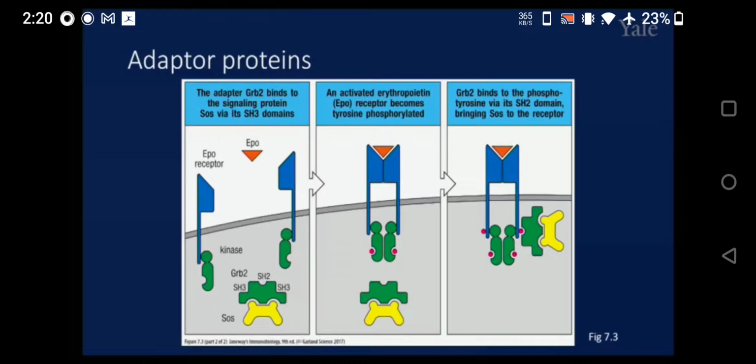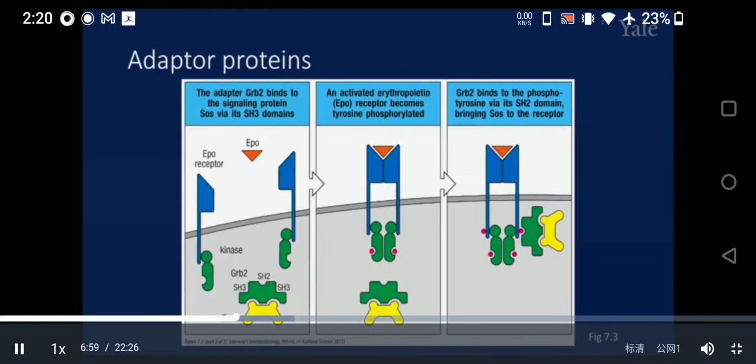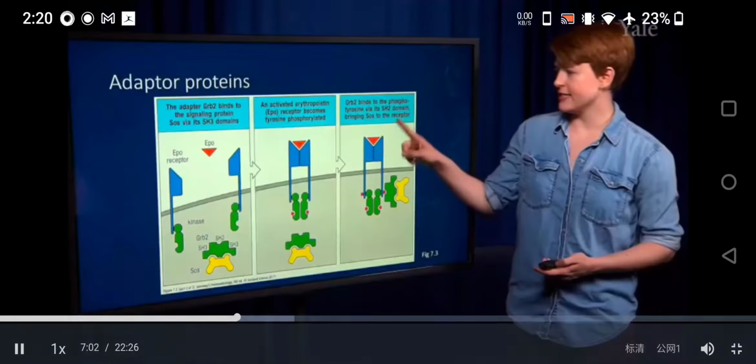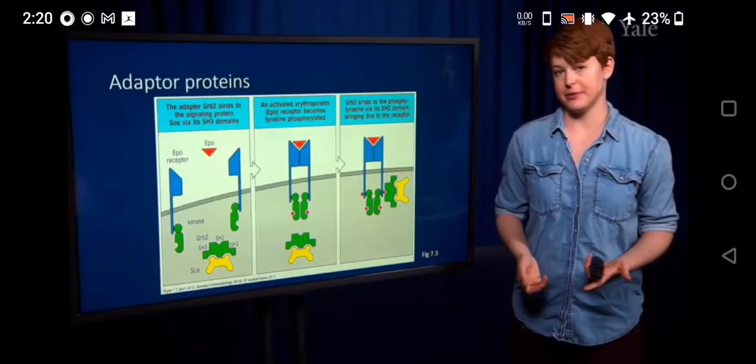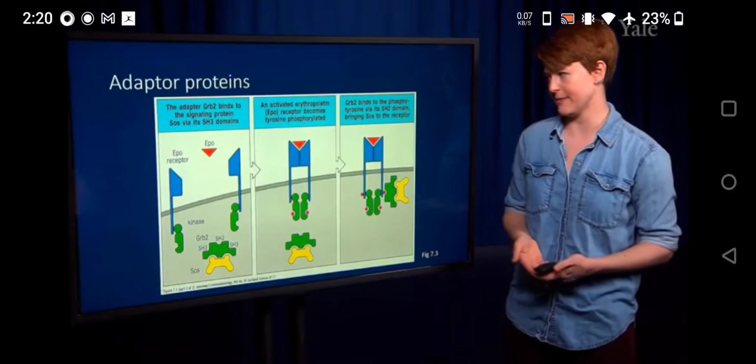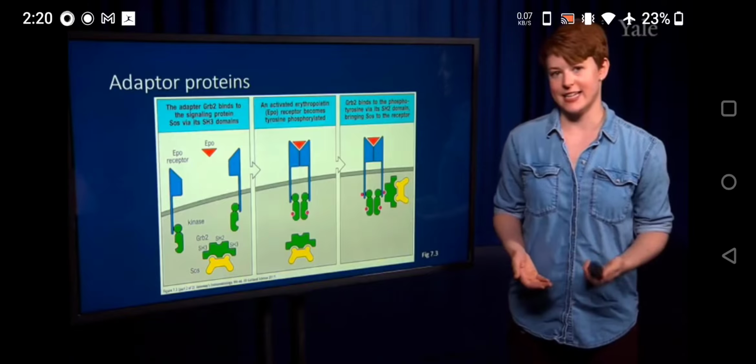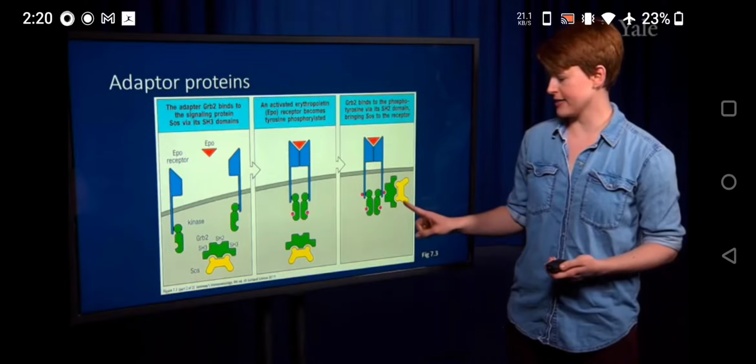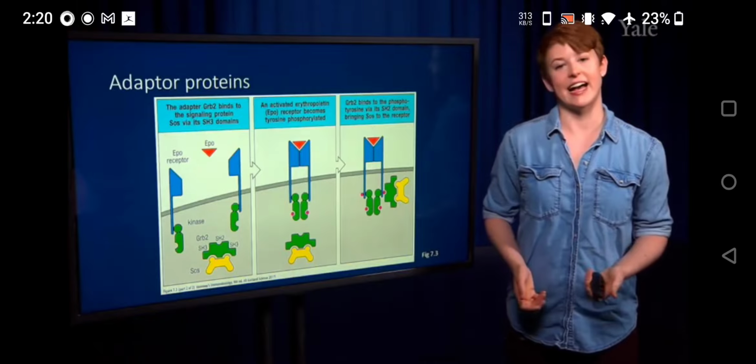And then this allows activation to occur. And the GRB2, our adapter protein, will then bind to the phosphotyrosine here that's been added to the receptor via one of these SH2 domains. And this brings our tyrosine kinase protein to the location of the receptor.